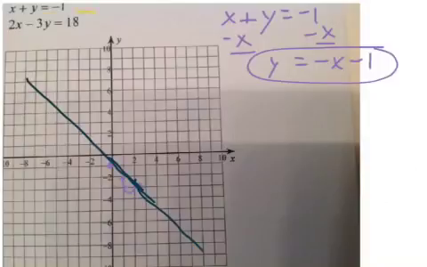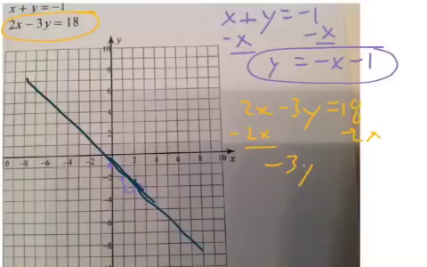Second equation. I'm going to take that equation and again solve for y, so it's y equals mx plus b. So after I minus 2x both sides, I know negative 3y equals negative 2x plus 18. Watch your negatives.